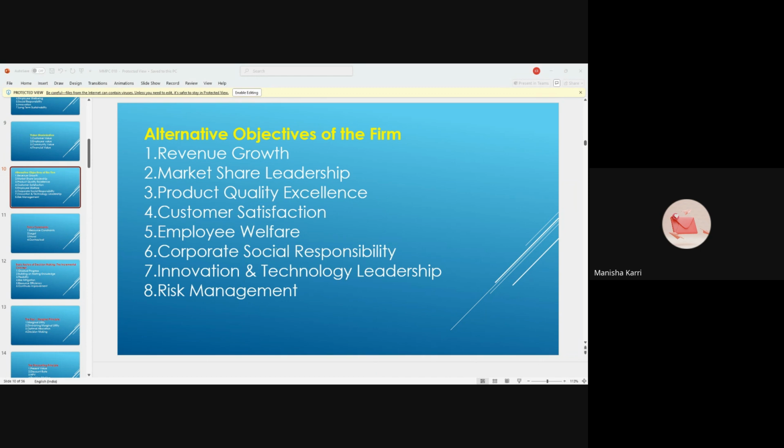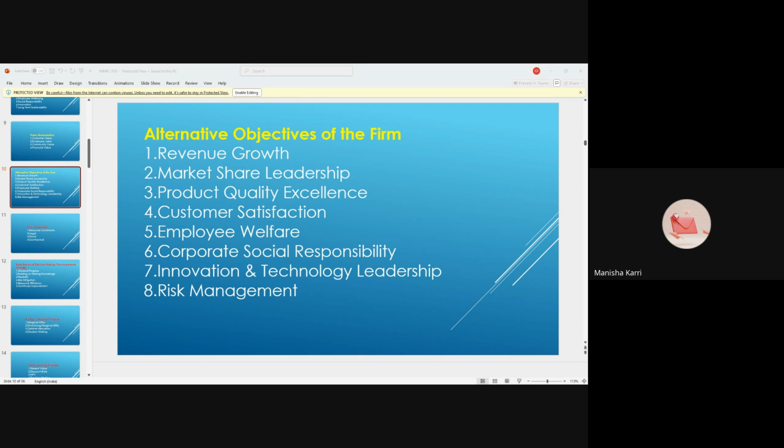Becoming a market leader in terms of market share can be a strategic objective for some firms. This may involve aggressive pricing strategies, marketing campaigns, and product innovations to attract customers from competitors. That is market share leadership.